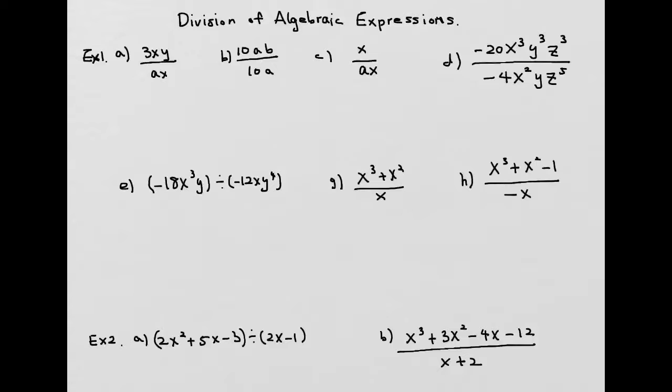If you're dividing by one term, then you should be able to use this method. In order to use this method, you need to remember one of the rules of exponents. We went over four rules in the previous sections, multiplication of algebraic expressions.